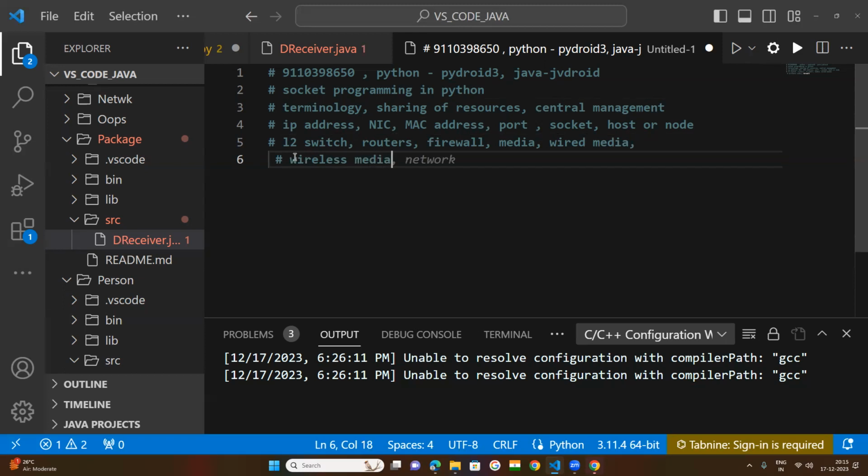Next, some networks. LAN, local area networks. WLAN, wireless local area network. MAN, metropolitan area network. WAN, wide area networks.